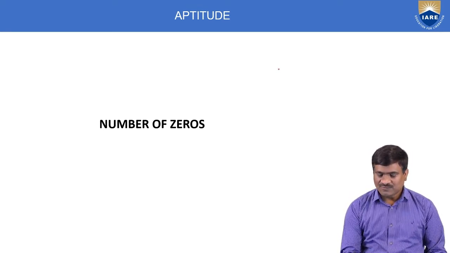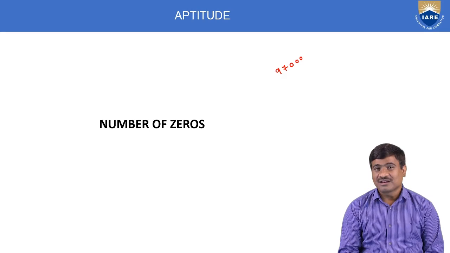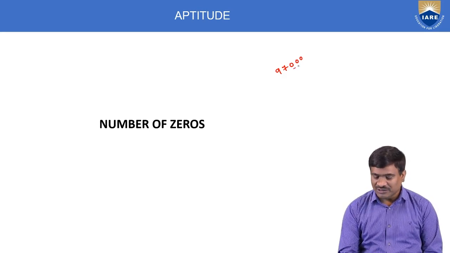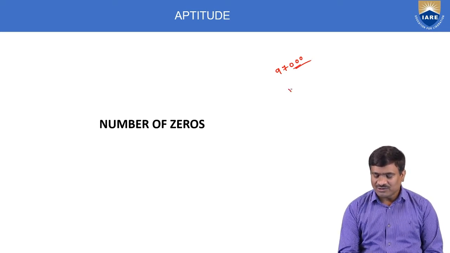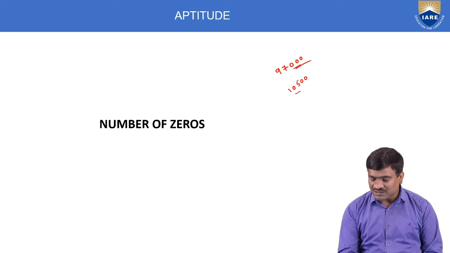Suppose we find the number of end zeros at the end of 97,000. It contains only 3 end zeros. Similarly, find the number of end zeros at the end of 10,500. The total number of zeros is 3, but we calculate only end zeros.